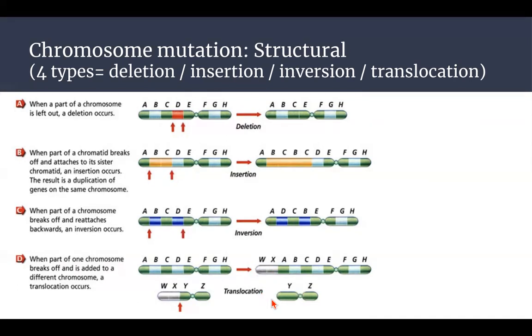And so what ends up happening is that your chromosome 9 lost a section and your chromosome 1 gained a section that was originally from your chromosome number 9. So the effects of these kinds of mutations are pretty big, but I can't give you specific examples because they could happen on any chromosomes.